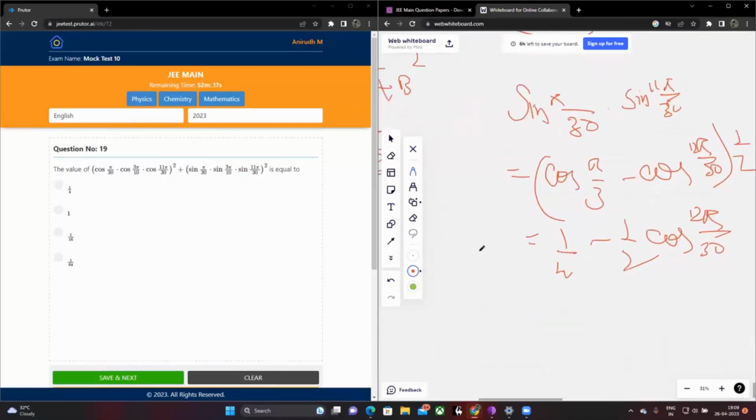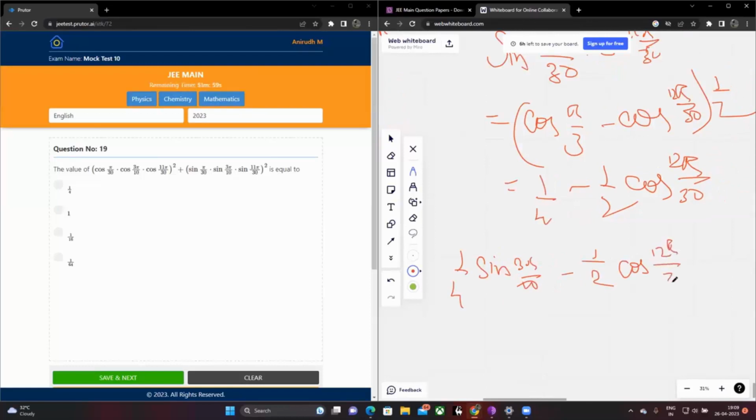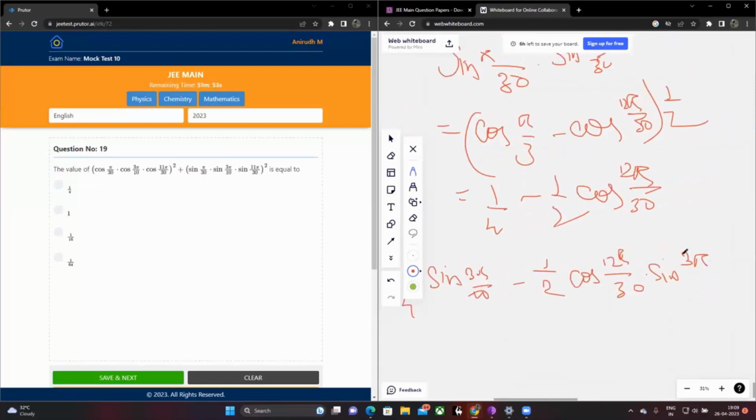The next portion is basically the multiplication of sin 3π/10 into this, which is sin 3π/10 times 1/4 minus half cos 12π/30 into sin 9π/30, right?